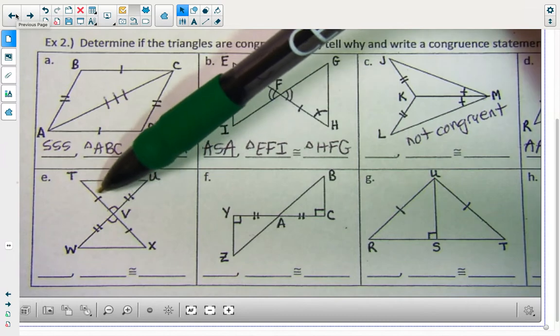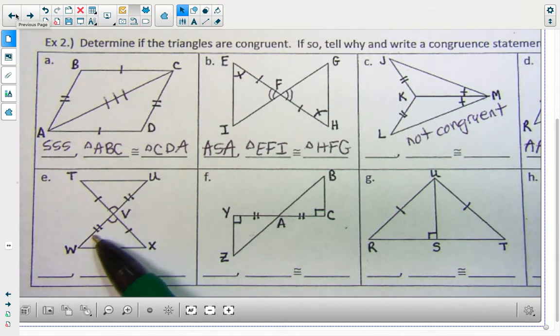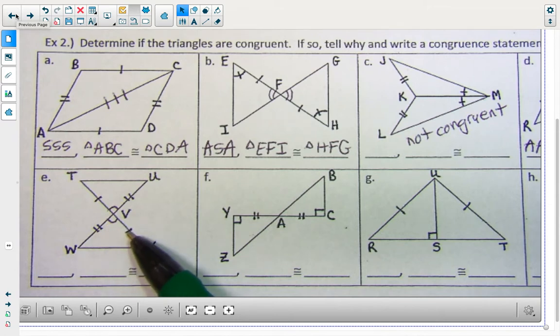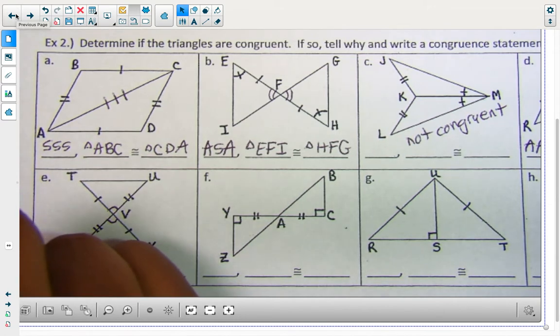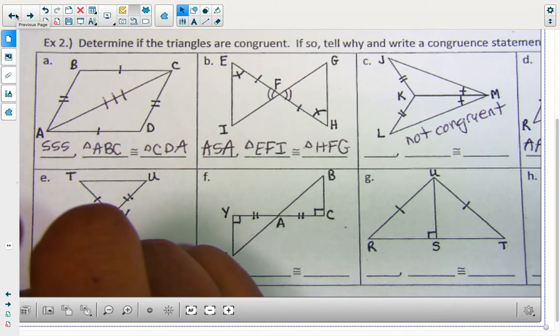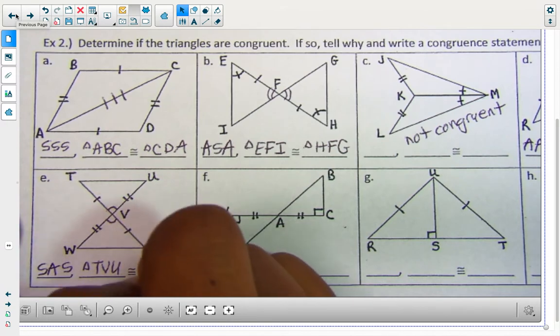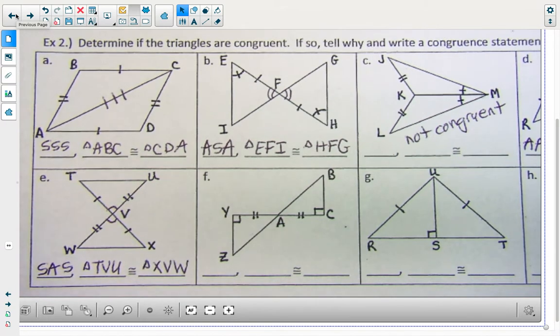So these are congruent by side, angle, side. And this is triangle TVU, and this is triangle XVW.